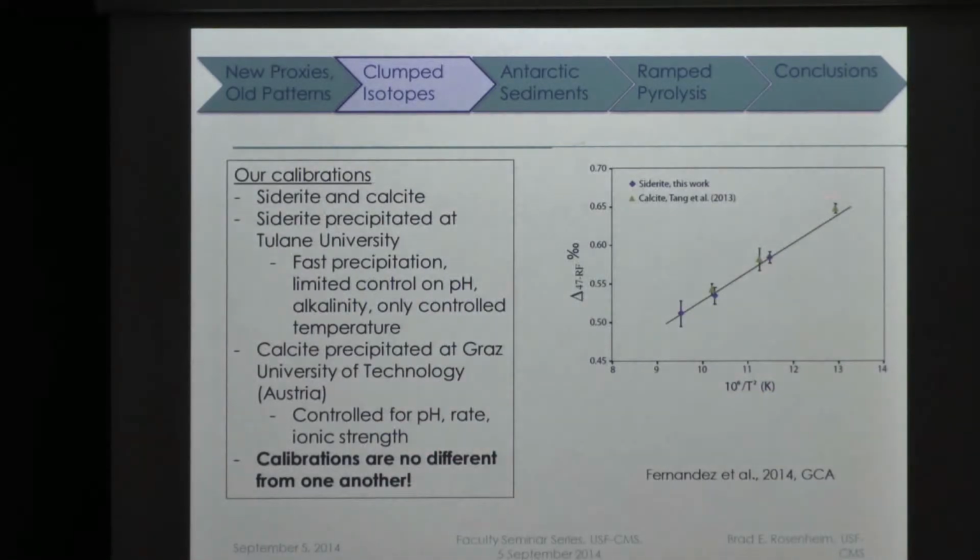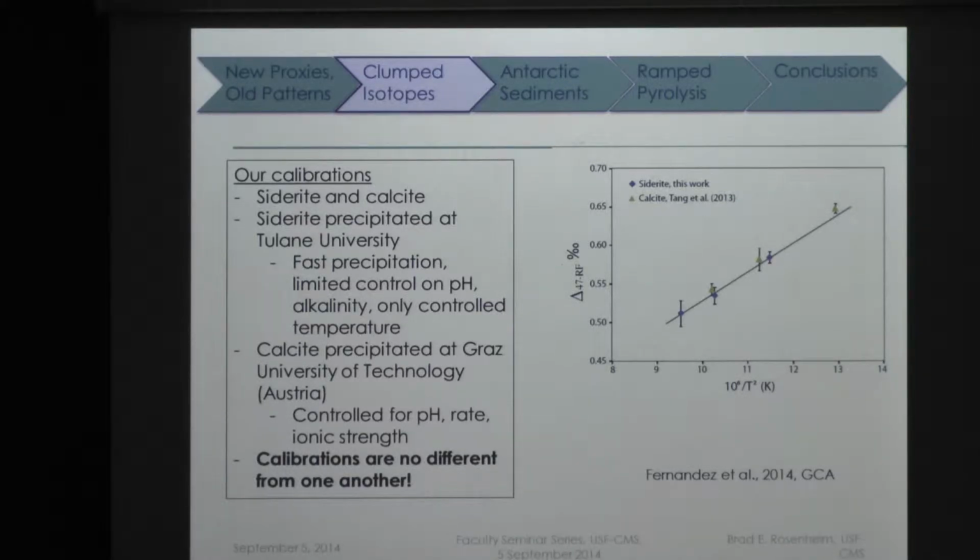These are some of the summary points of our two calibrations done in our lab, and this is important because originally that relationship to temperature of the acid digestion was assumed to come about as a result of different acid fractionations, and these two minerals, the purple is siderite and the green is calcite. These two minerals are very different thermodynamically.